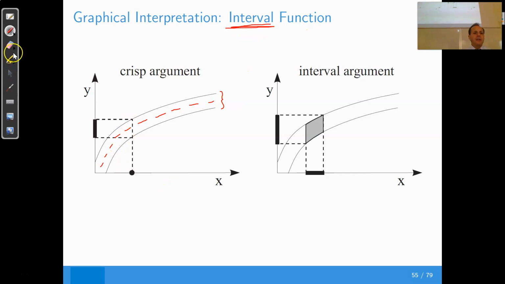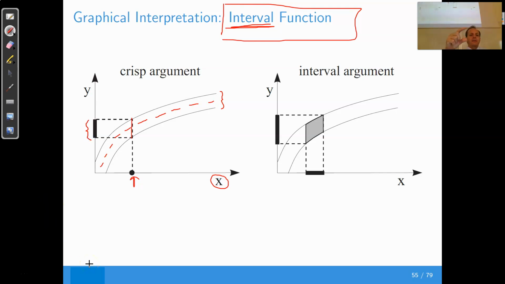So in this case, when you are considering an interval function, which is not, pay attention, a fuzzy function, it is an interval function. So for the independent variable x, the output corresponds to an interval now, because it depends on the values of the interval.